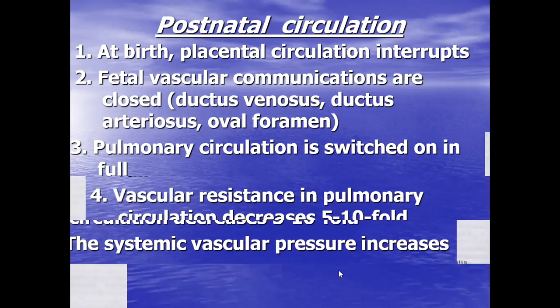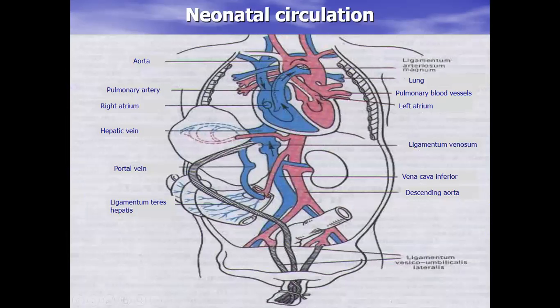So when the child is born, we can see on this picture the scheme of the neonatal circulation. The placental circulation is finished, and the fetal communications begin to close.